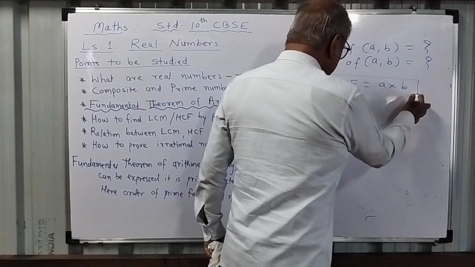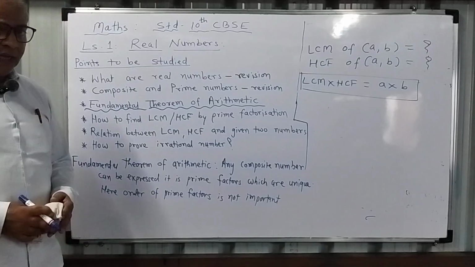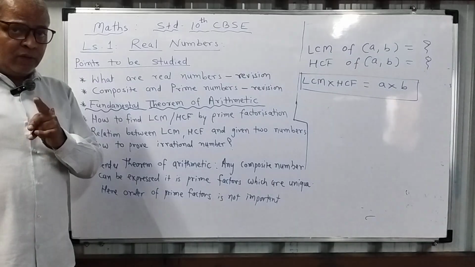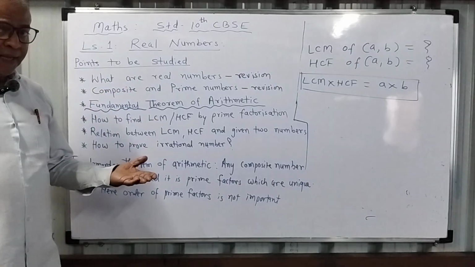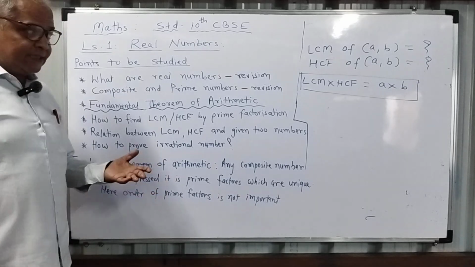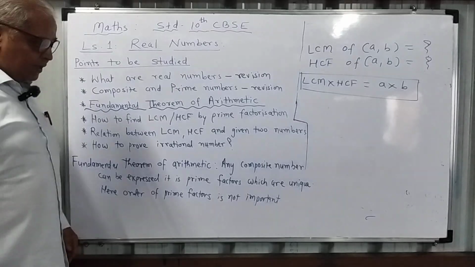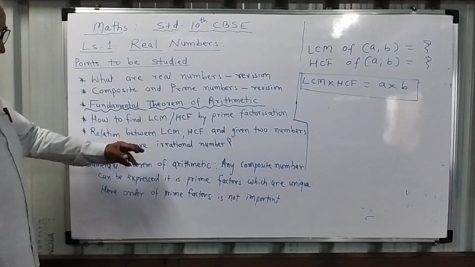So this is the relation between LCM, HCF and the given two numbers. This is applicable only when two numbers are given. It is not applicable when you are finding the LCM and HCF of three numbers. And the last thing is how to prove an irrational number.